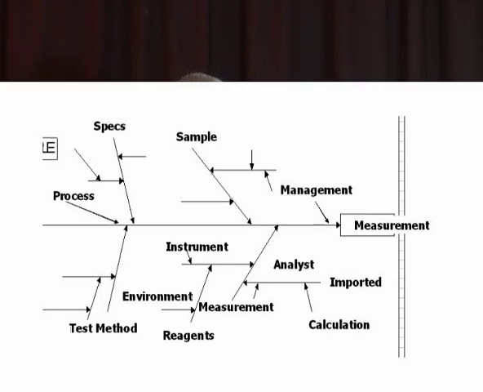Now let us take an example where we have a measurement issue. We have, let us say, an OOS. And let us say the material that has been tested and the measurement made is on a raw material. Now, what could have caused this OOS? It could be a misunderstanding in the specifications between the supplier and the buyer. Or it could be differences in the test methods at the supplier's end and the buyer's end.